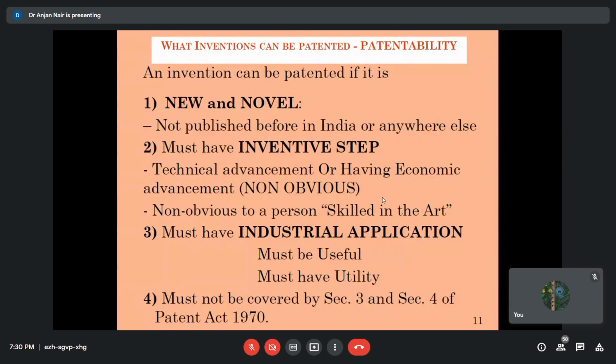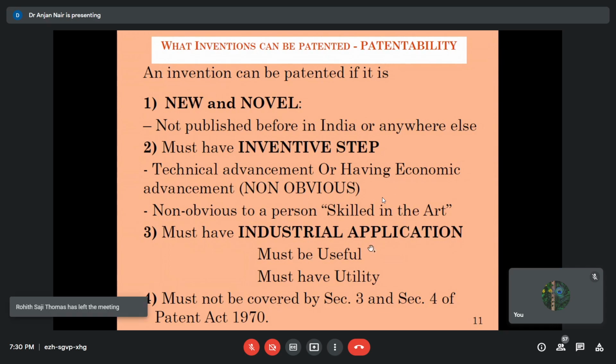You have just changed the position of the switch from top to bottom. That will not be applicable. But from the old mobile where we had button-type dials, now we have come to a completely touch screen. That is an invention. So that is what you should keep in mind. That is the second point.